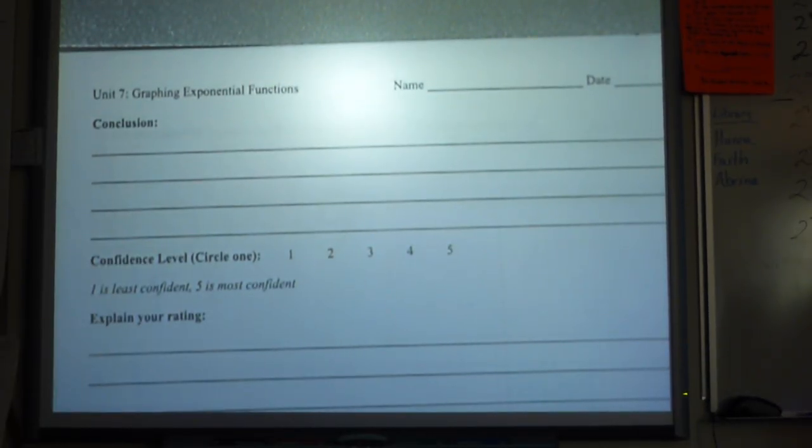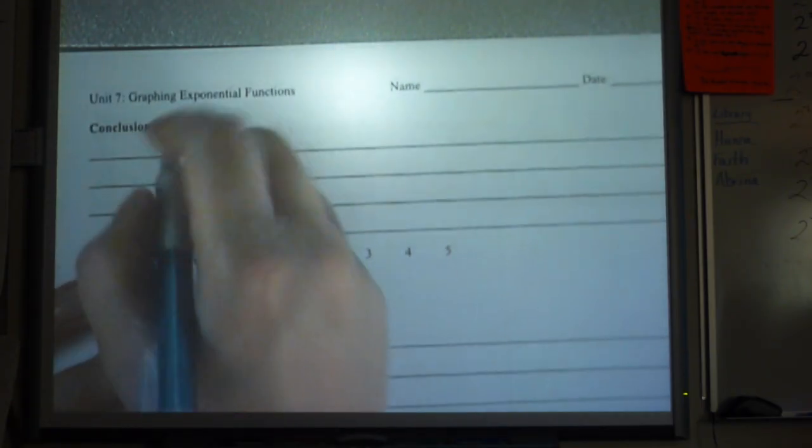Today we learned how to graph exponential growth and decay functions.